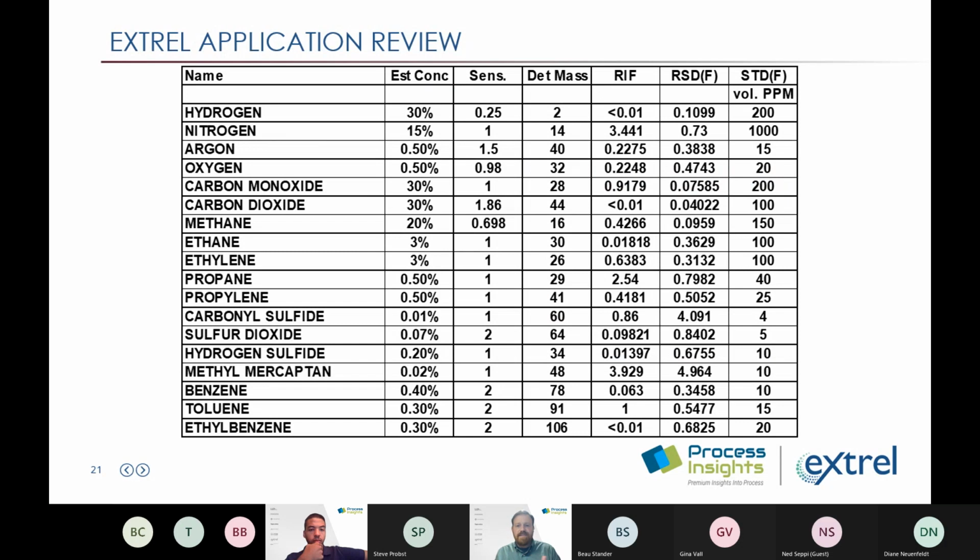What our engineers do is take this and design the analysis method, which tells them two things. One, on the right-hand side of the slide, it tells us exactly what kind of performance they can expect for each of these components at these given concentrations. So you can see plus or minus 200 ppm in the nitrogen component here, plus or minus 0.1%, 1,000 ppm.